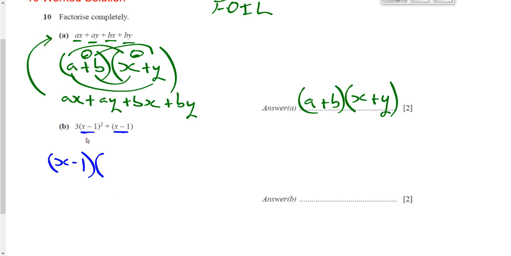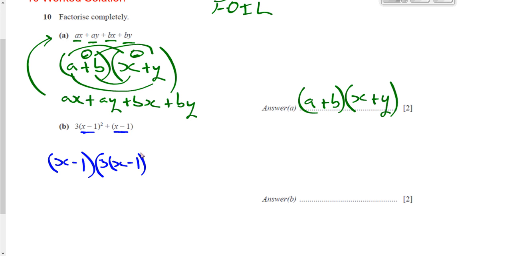If I've taken out X minus 1 from this first term, because that's X minus 1 squared, I'm going to be left with another X minus 1. So I'm going to have 3, and then X minus 1, which is left over.